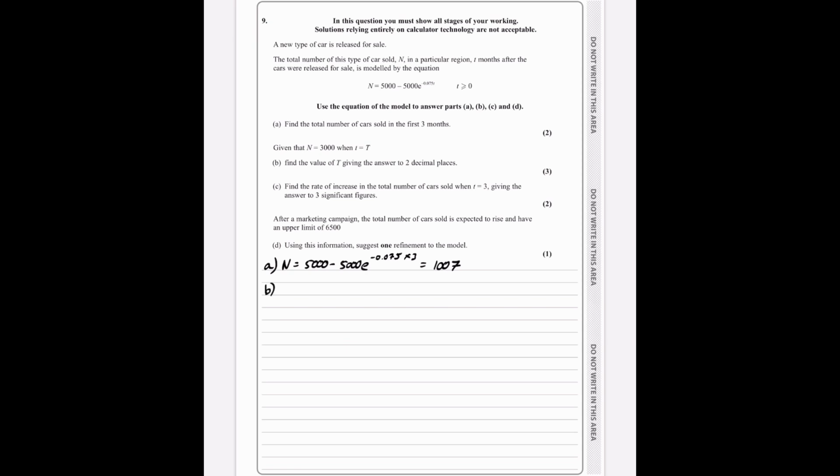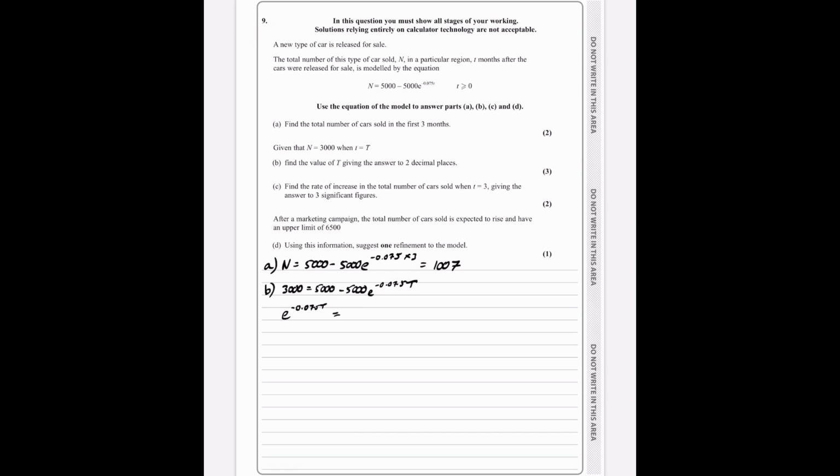For part B, I'm going to replace n with 3,000 and solve the equation. So 3,000 equals 5,000, subtract 5,000 lots of e to the power of negative 0.075 times capital T. I brought 5,000 e to the power of that stuff onto the left-hand side, subtracted 3,000 from the right-hand side, and then divided by 5,000.